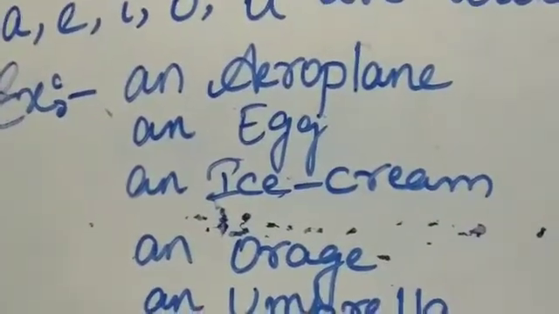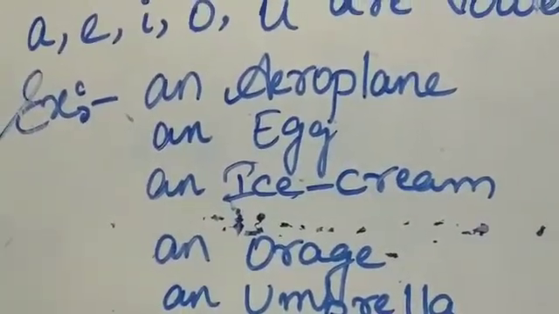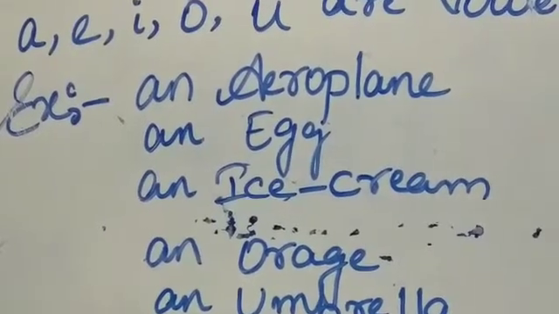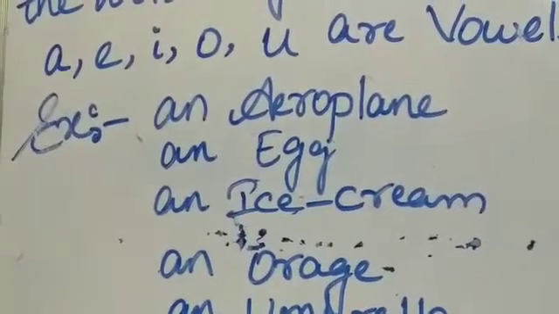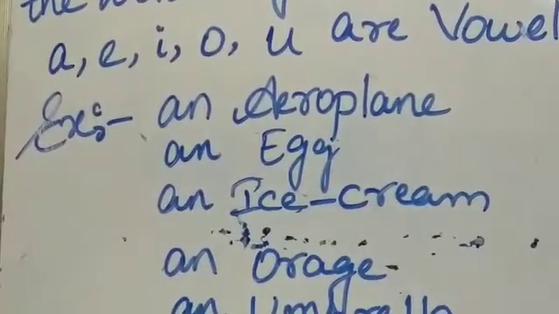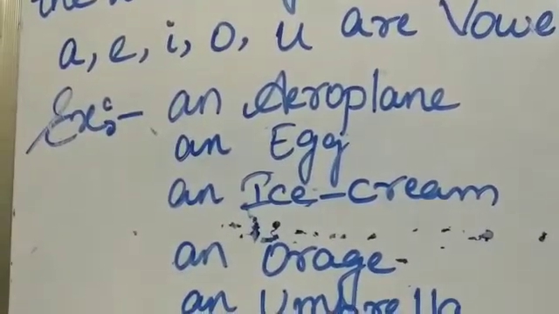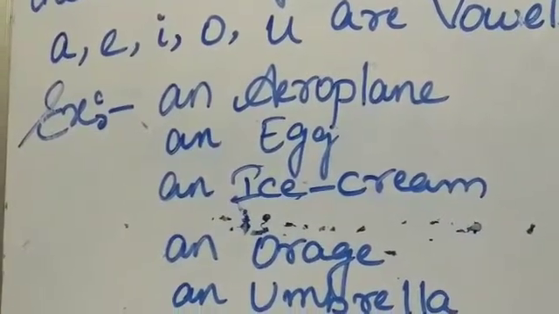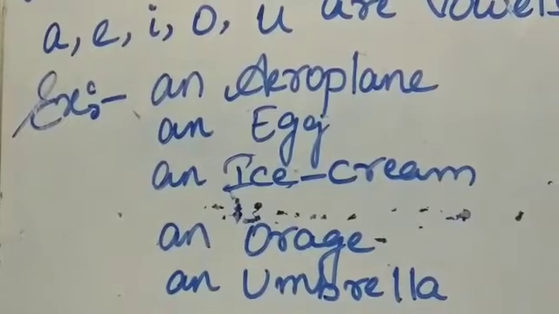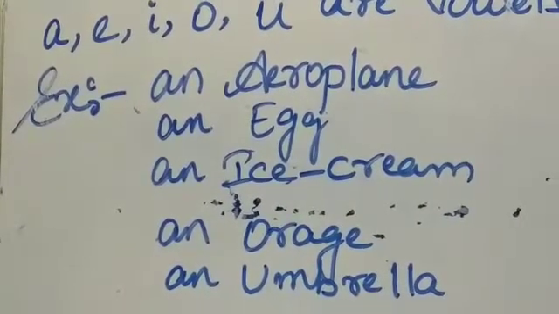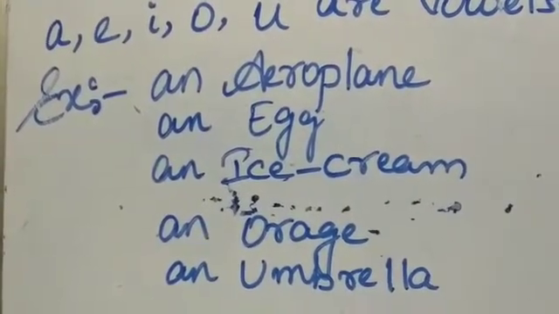The examples are: first one, an aeroplane. If you have a single aeroplane over there, we say an aeroplane, not a aeroplane. Then the next one, an egg.